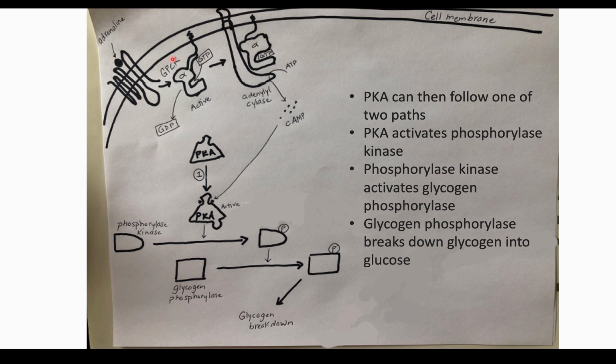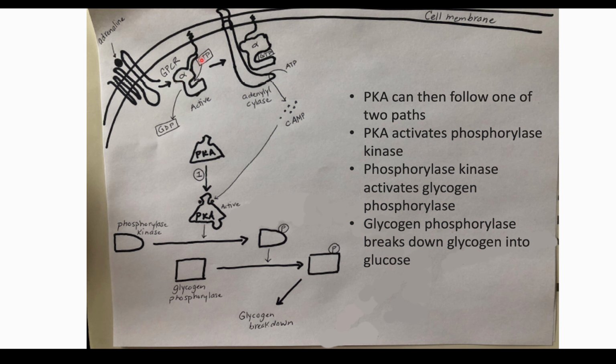Here we're looking at a cell, with the cell membrane and my G protein coupled receptor with its 7 passes of alpha helices bound to its ligand, which is in this case adrenaline, activating the alpha subunit of a trimeric G protein.